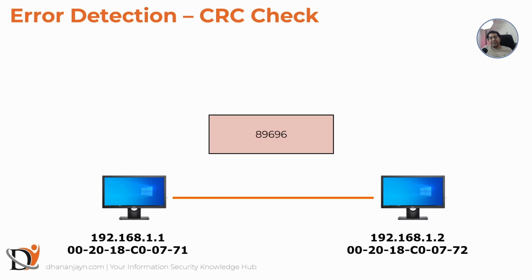Now the destination data link layer has received these frames. CRC happened, but the value now is different. So that is why an error is detected.